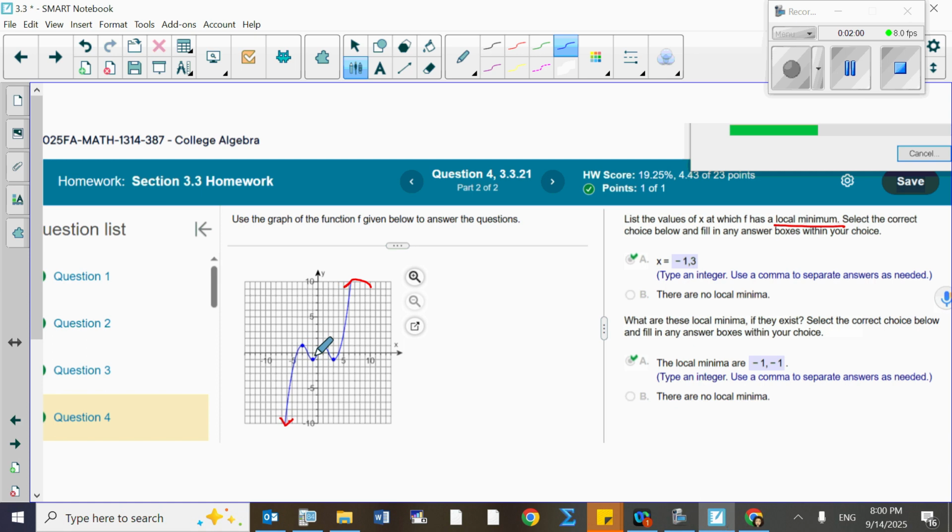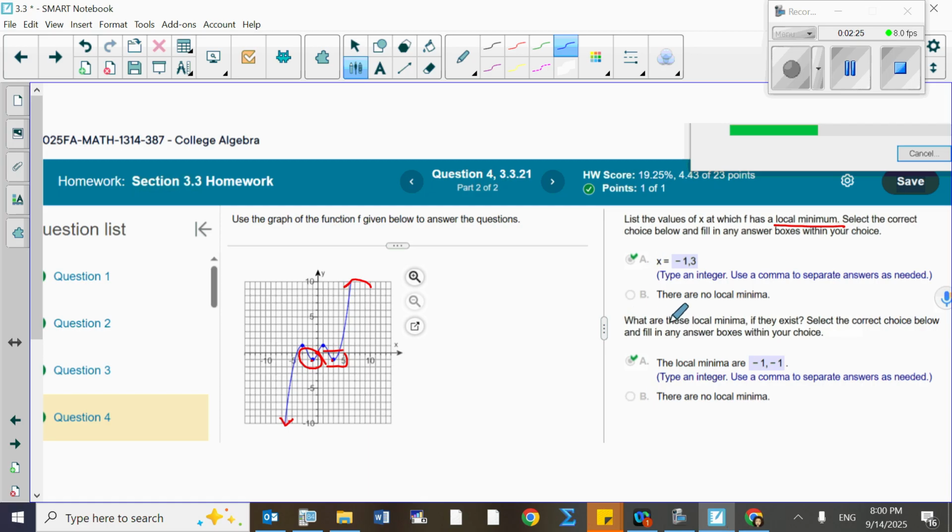But we have a local minimum, which is this point, the lowest of all the points around it. The same here, this one is also the lowest of all the points around it. For the first part of the question, the x of these points is the only thing you need to write. So this is at x equal to negative 1, and this one is at x equal to 3. You just write the x value.